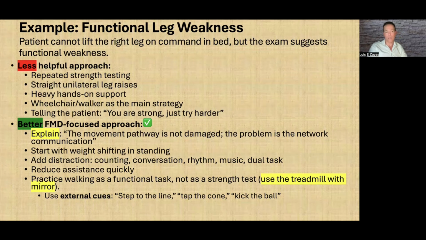Also use external cues: step on the line, tap the coin, kick the ball. Just play, be functional. Functional activities, that's the main thing. With these patients you cannot start with leg curls or leg extensions. No, that doesn't work. You have to do functional activities.